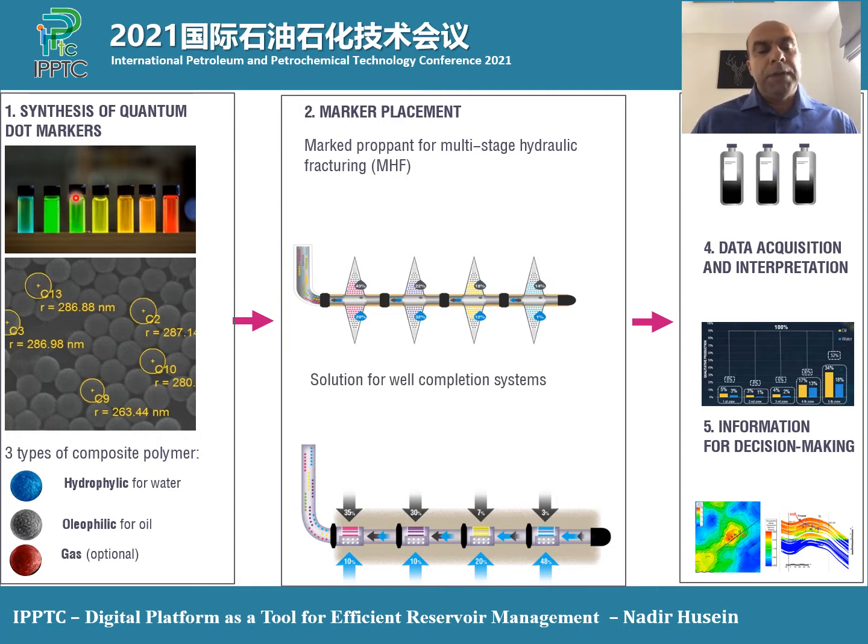So the different combinations of quantum dots or those nanomaterials allows us to have unique signatures that we place downhole in the wellbore or in the reservoir, and later on captured on surface to be able to analyze the production profile.